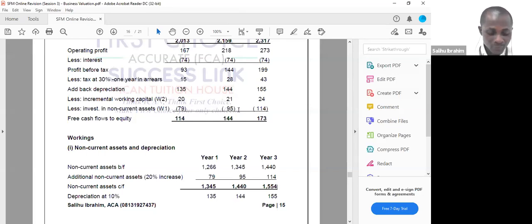Okay, let me check this one again. 144 plus 28 plus 144 again, minus 21, minus 95, is 200. What happened? 199 plus 43 plus 155, minus 24, minus 114, is 259. That should be mixed up somewhere. Okay, I understand now.